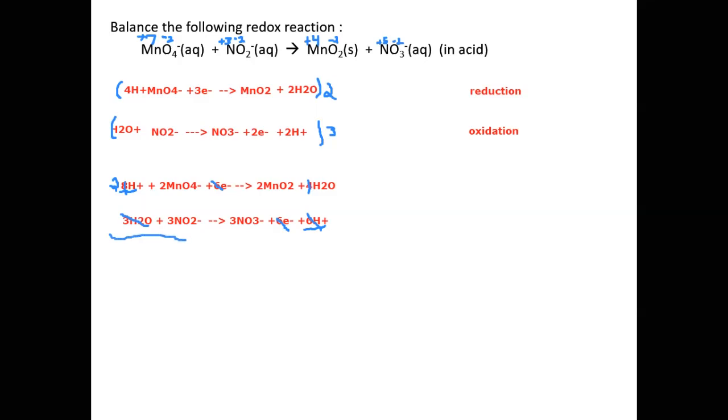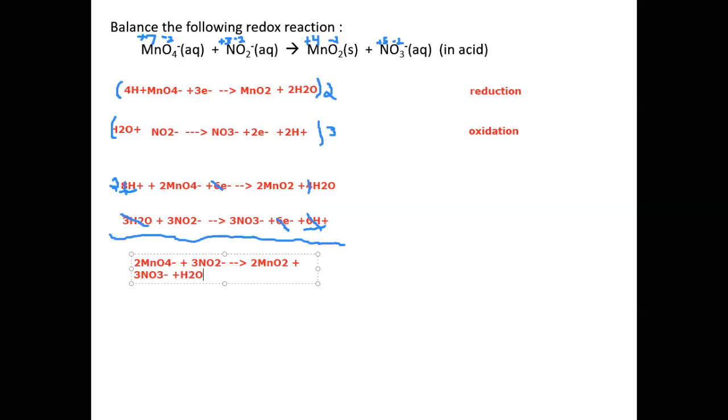So now we can write the balanced redox reaction, and we get 2 MnO4 minus plus 3 NO2 minus yields 2 MnO2 plus 3 NO3 minus plus H2O.